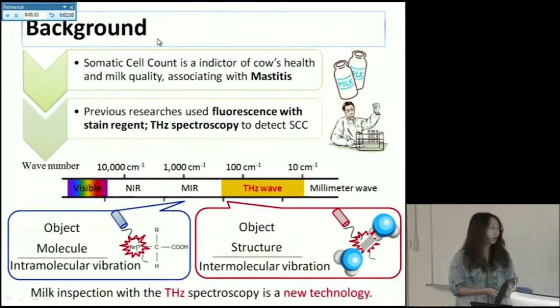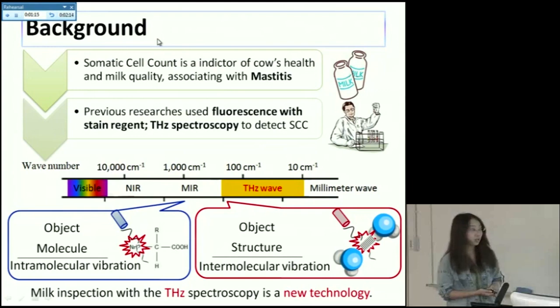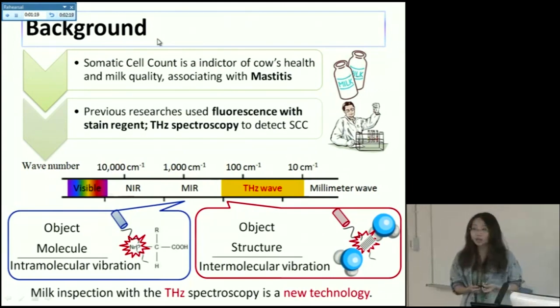Now I will talk about the difference between terahertz spectroscopy and the mid-infrared region. Terahertz waves lie between electronic waves and optical light. This region contains a lot of information on intermolecular vibration, such as hydrogen bonds and van der Waals forces. Whereas in the mid-infrared region, the target is intramolecular vibration, such as chemical bonds.